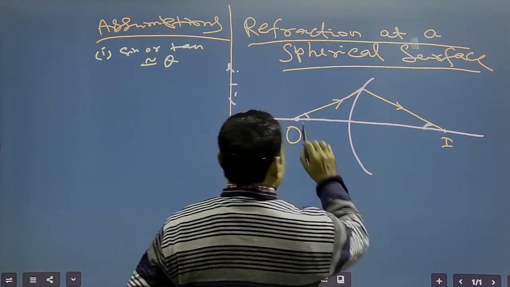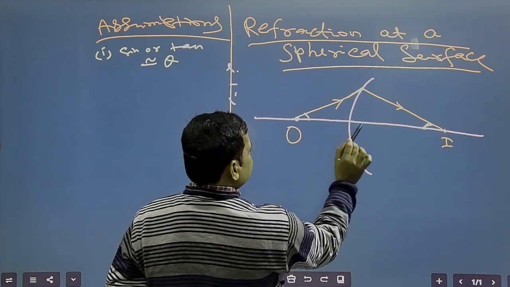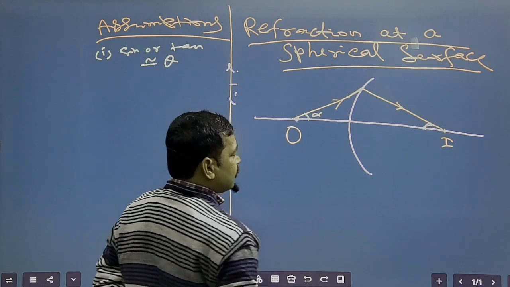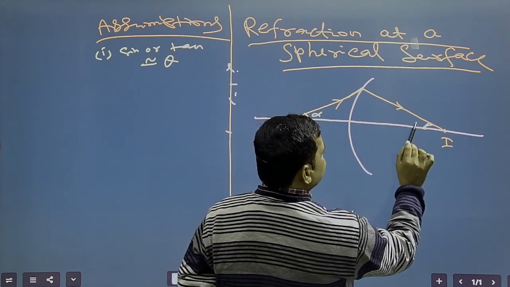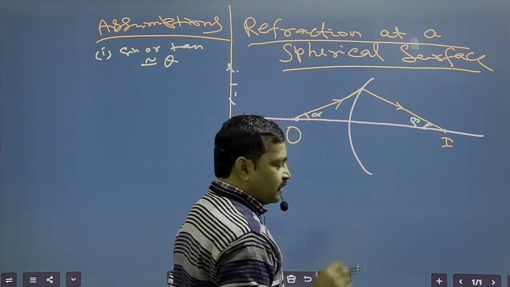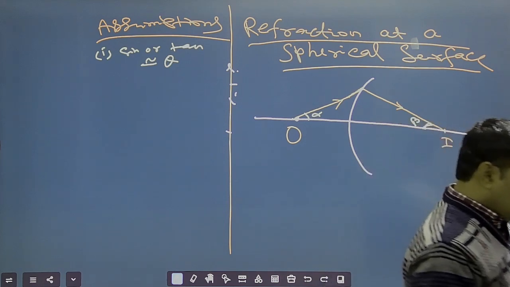As we know, the angle the incident ray makes with the principal axis is known as alpha. Similarly, the angle made by the refracted ray with the principal axis is known as beta.